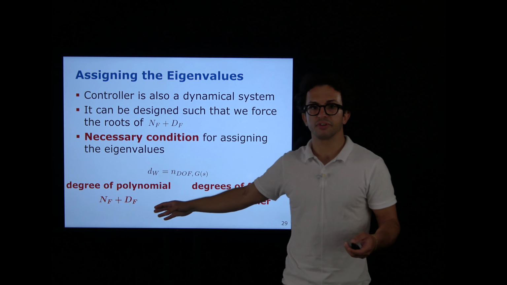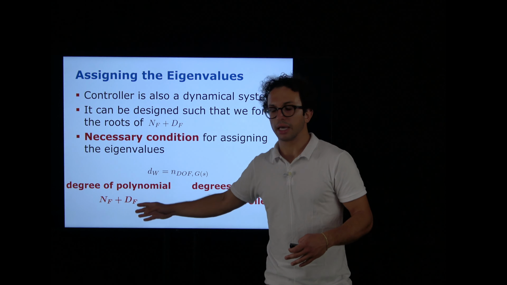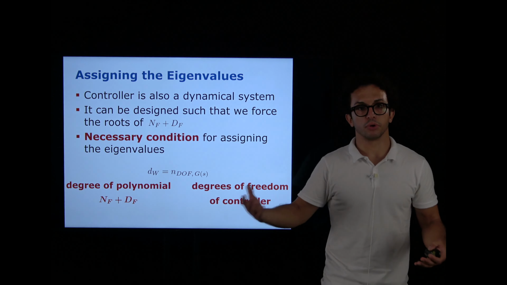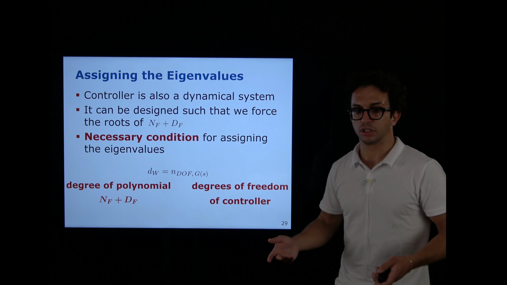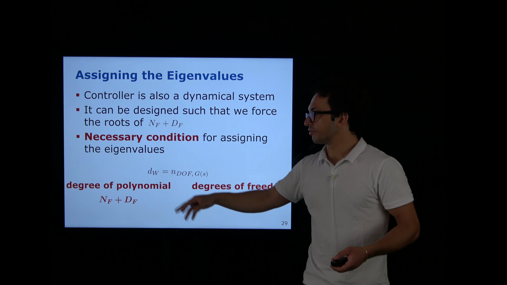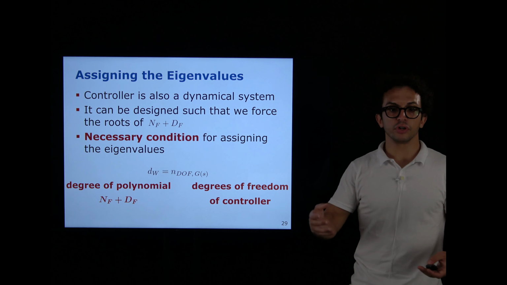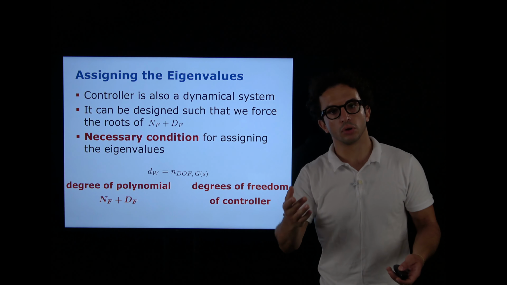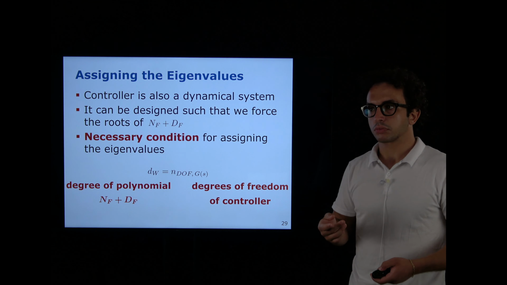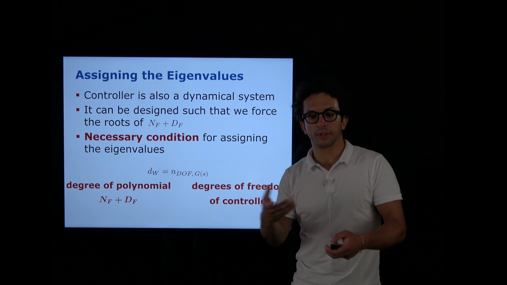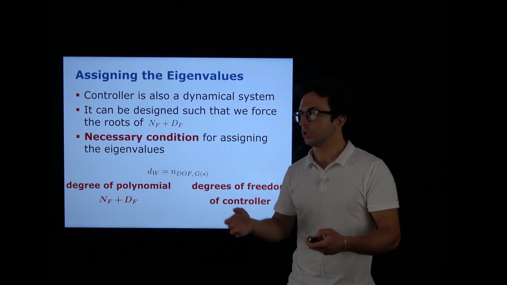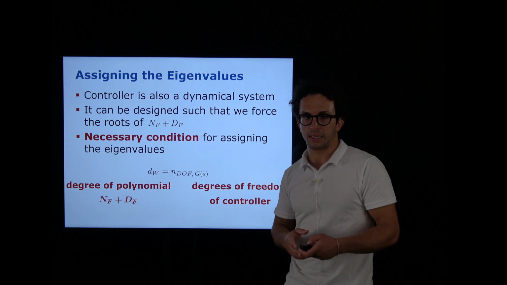So nf plus df is the denominator of the transfer function, and we're looking at its degree because it's a polynomial in s, where s is the Laplace variable. When we design the controller, it's a dynamical system. We will have some degrees of freedom, and we need these two numbers to be exactly the same.